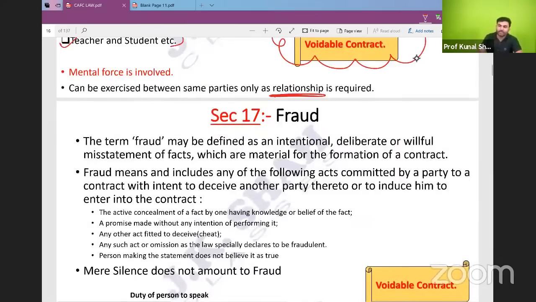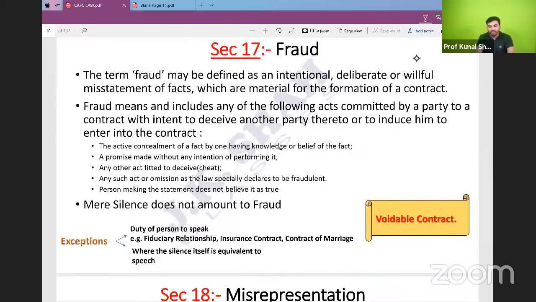Let us go on to the next part, that is section number 17, which talks about fraud. What is fraud? Fraud is nothing but a false representation made willfully. If knowingly you are speaking out a false statement, with an intention to deceive someone, then you are doing nothing but a fraud.